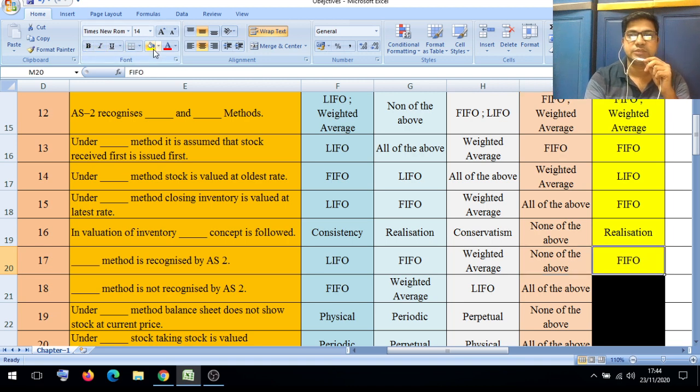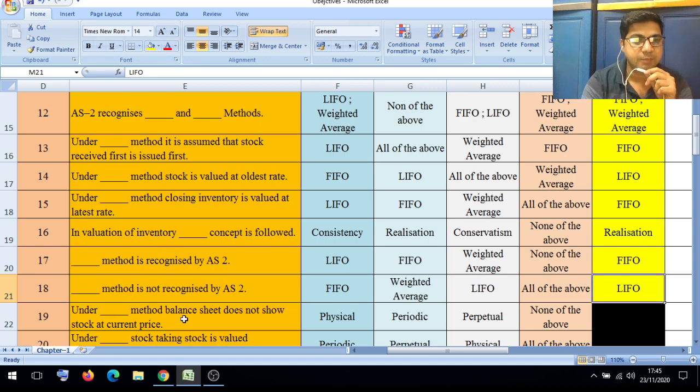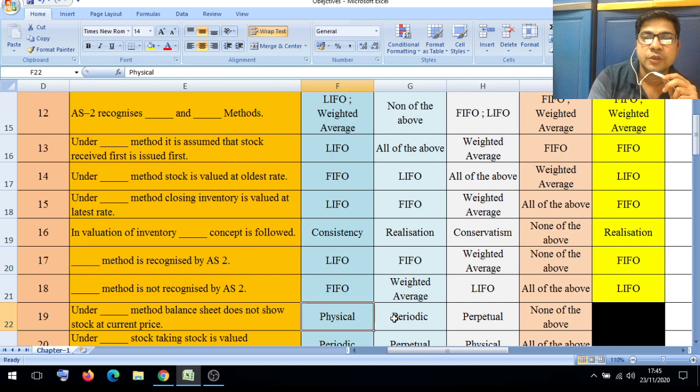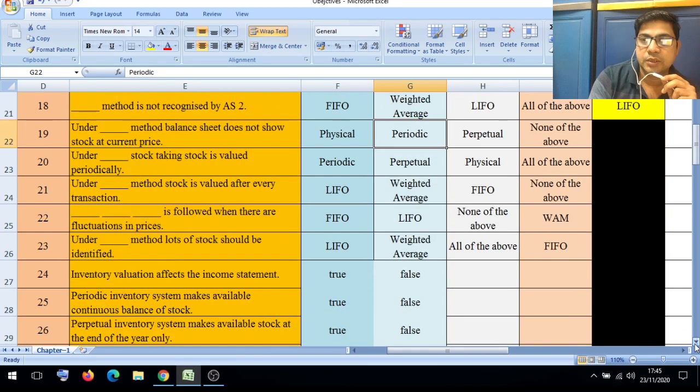The answer is the FIFO method. Dash method is not recognized by Accounting Standard 2. FIFO, weighted average, LIFO, all of the above. The answer is LIFO. Under dash method, the balance sheet does not show stock at current price. Physical, periodical, perpetual, none of the above.